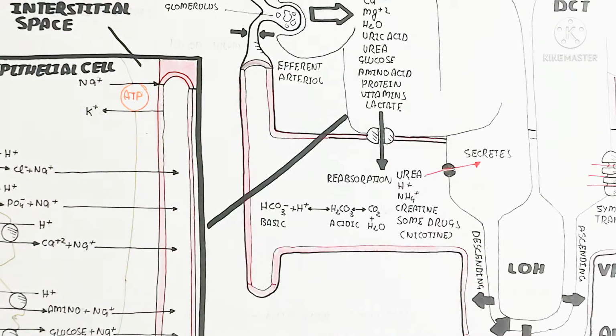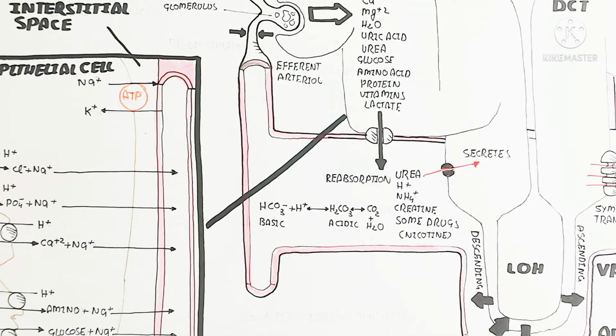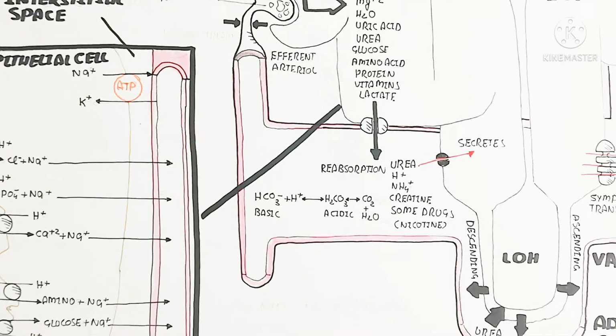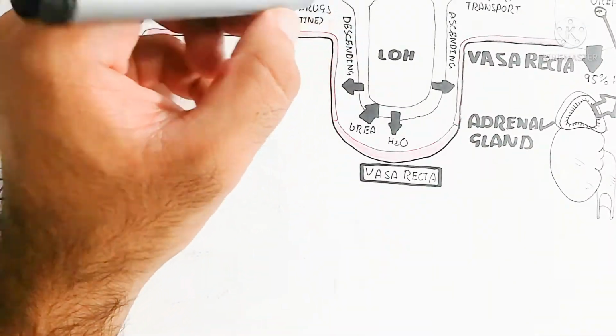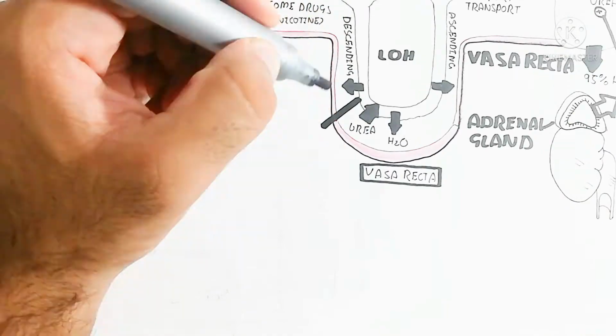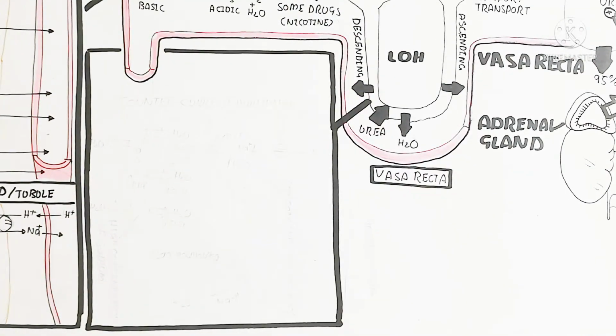That is why the pH balance in the urine is so important. The basicity and acidity are due to the dissociation and association of carbonic acid. Next we will understand the loop of Henle.